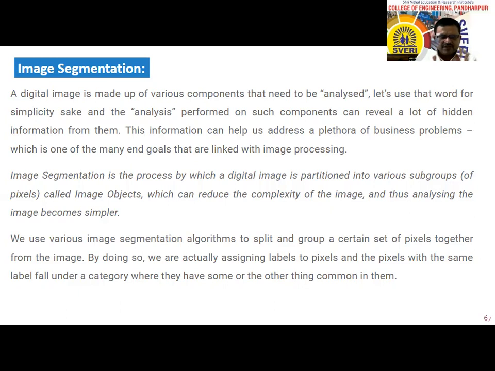We use various image segmentation algorithms to split and group a certain set of pixels together from the image. By doing so, we are actually assigning labels to pixels, and the pixels with the same label fall under a category where they have some or the other thing common in them.